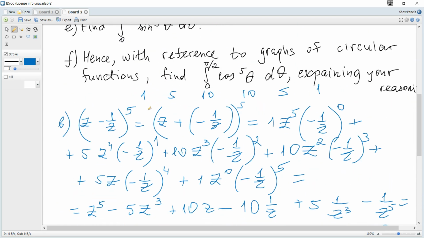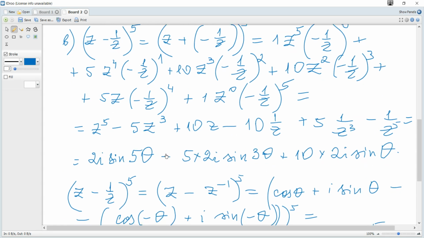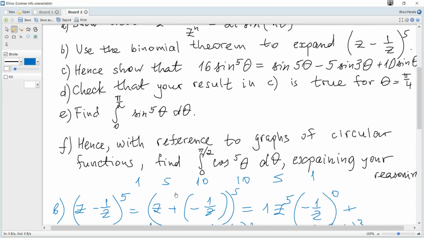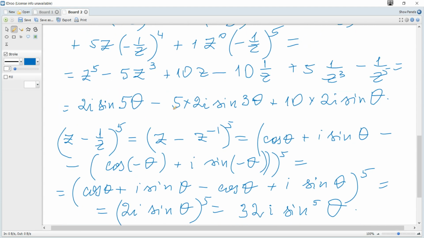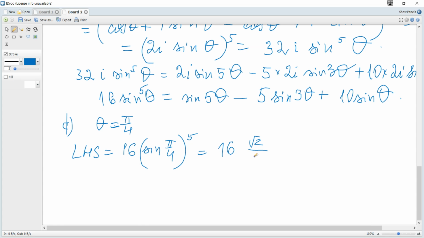It's question D. So theta is pi over 4, and the left hand side becomes 16 times sine of pi over 4 to the power of 5, and pi over 4 is 45 degrees, and it's root 2 over 2, or 1 over root 2, to the power of 5, and it's to the power of 4, and just 1 over root 2.